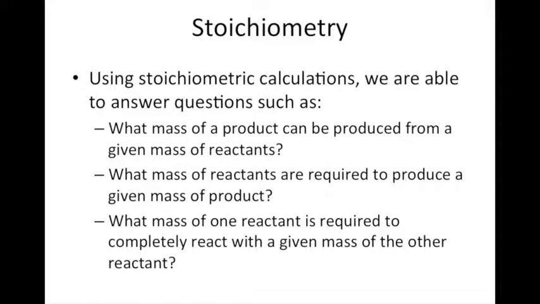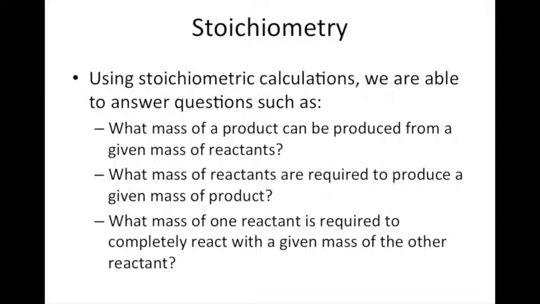So stoichiometric calculations enable us to answer certain very fundamental questions that we often need to know as chemists. For example, in a chemical reaction, what mass of a product may be produced from a certain mass of reactants? That can be very important if you're performing a chemical reaction.